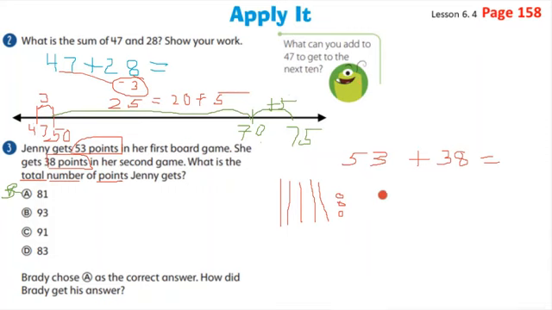Then I have 38. That's going to be 3, and then I have 1, 2, 3, 4, 5, 6, 7, and 8.